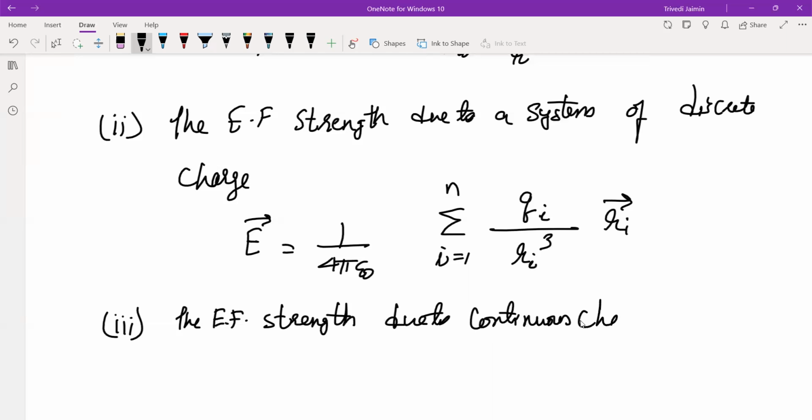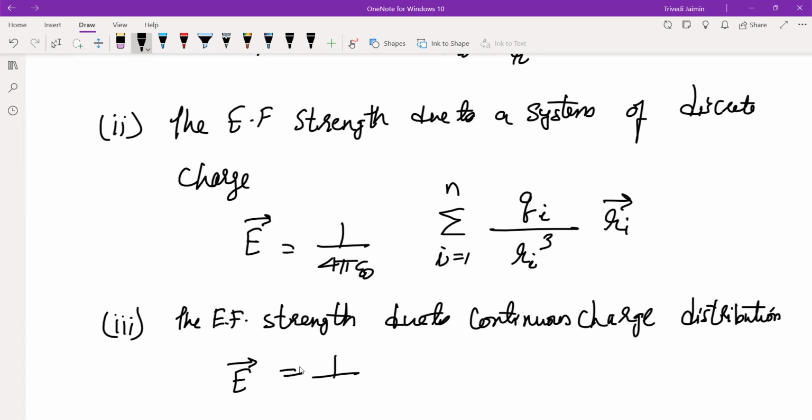due to continuous charge distribution. If it is continuous anything, now if you remember in 11th standard, we have studied like UDL and VDL, like a uniformly distributed load, right?